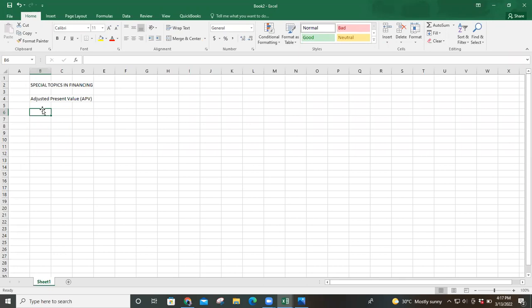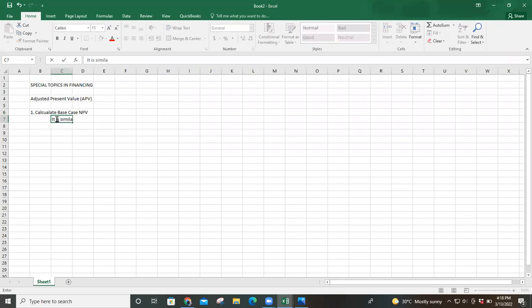Now, in calculating APV, 3 steps are involved. Step number 1 is to calculate the best case NPV.